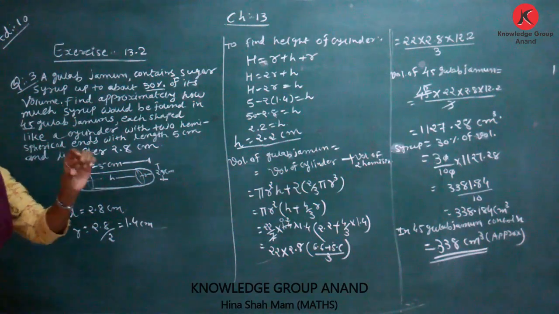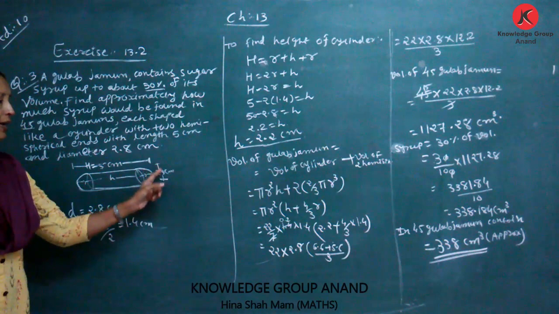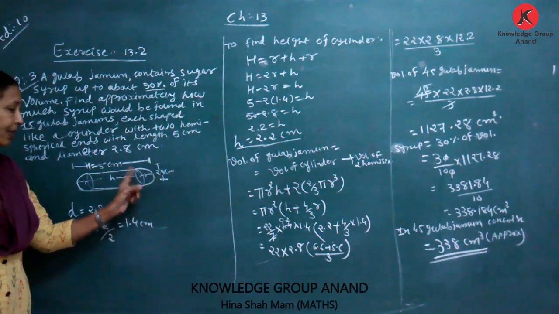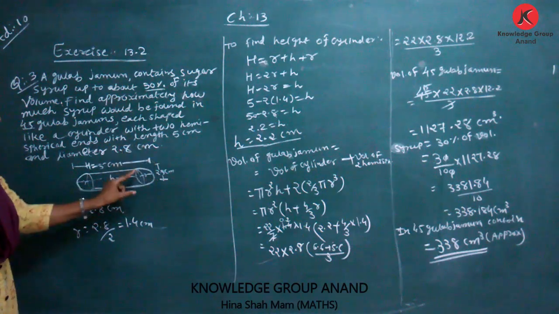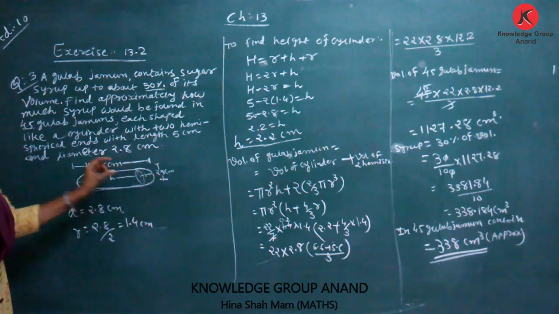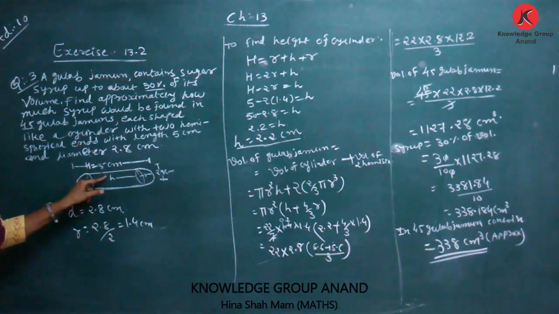Gulab jamun is a shape of a cylinder with both ends hemispherical. Now the steps. Its diameter is equal to 2.8 cm and total height capital H is equal to 5 cm.